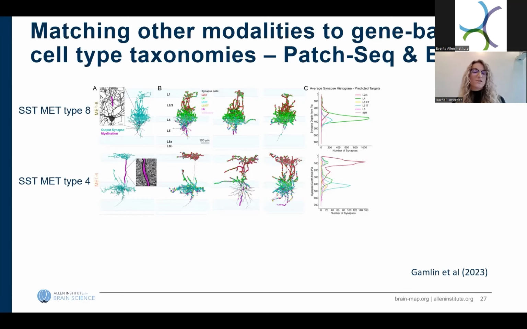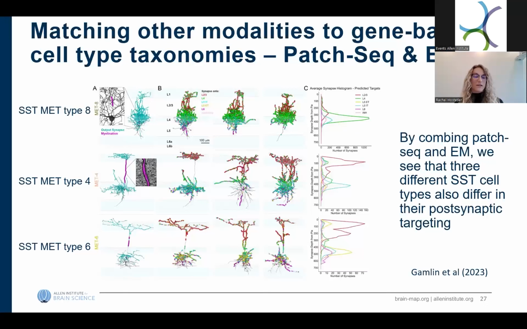And with electron microscopy, we're able to see and measure all the different inputs and outputs that the cell is making. And so this type 8 cell, the majority of their synapses are actually on layer 4 cells. Whereas we look at the somatostatin MET type 4 cell, the majority of their synapses are actually on layer 2-3 cells. And then we have a third example here, MET type 6 again.